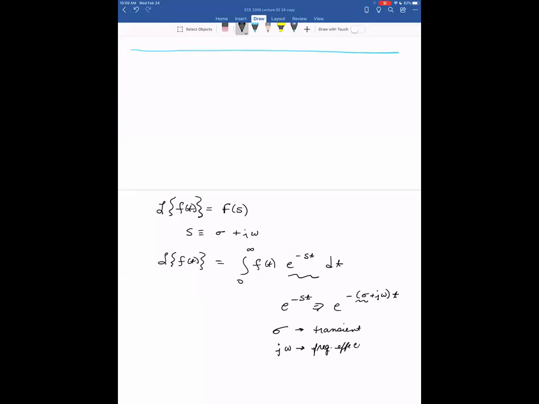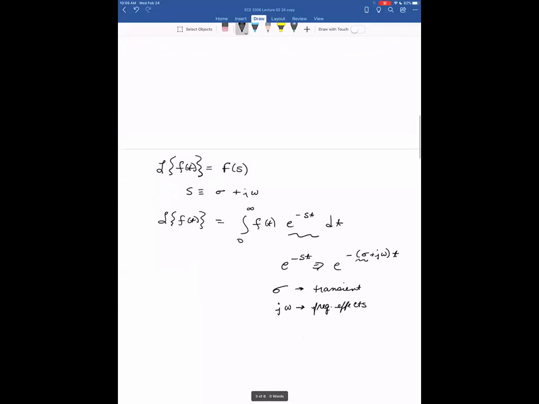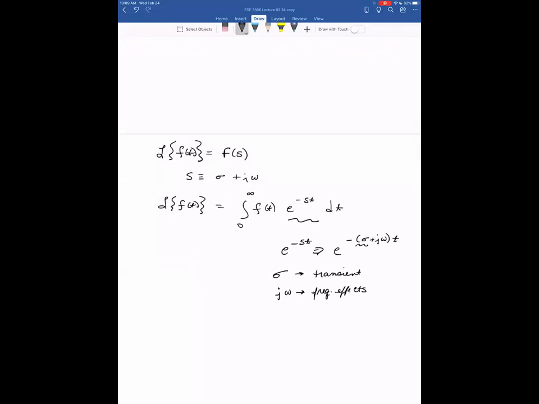So in many ways, it is a more broad and inclusive transform than a Fourier transform, because it's allowing you to model both steady state frequency effects as well as transient decay effects. And if you think about it, this e to the minus sigma t, e to the minus j omega t, represents almost every function that you would see in electrical engineering, with the exception of polynomials.